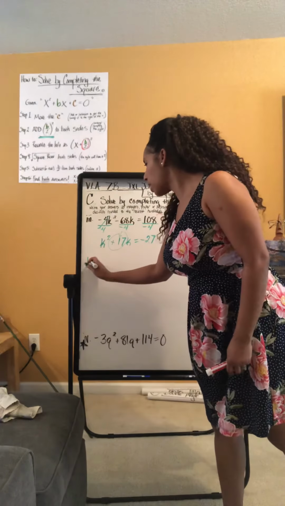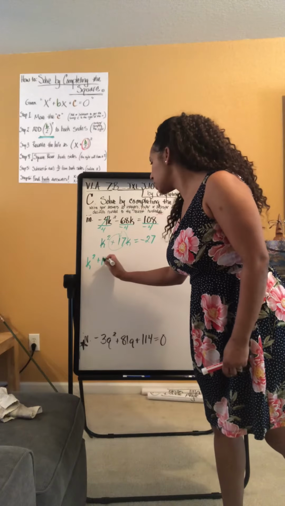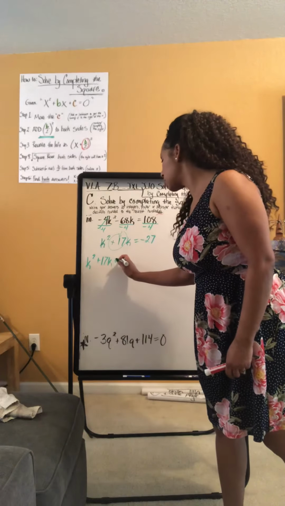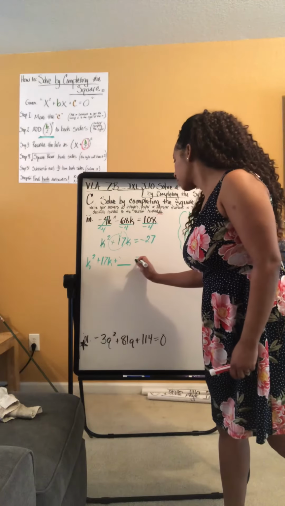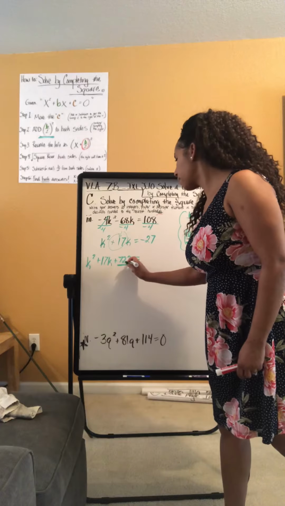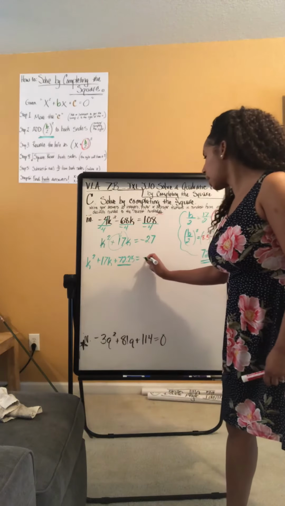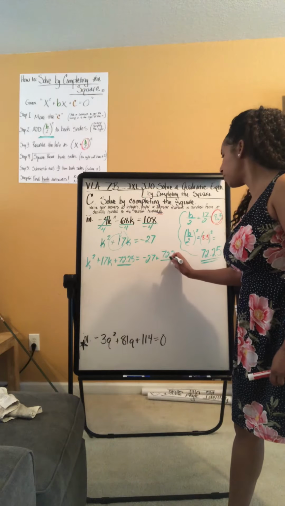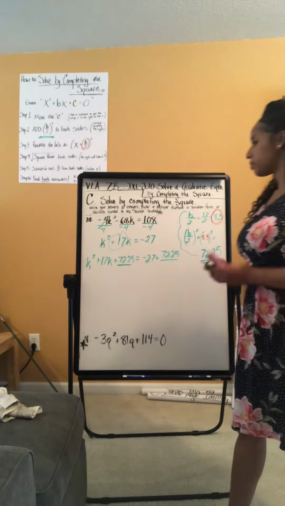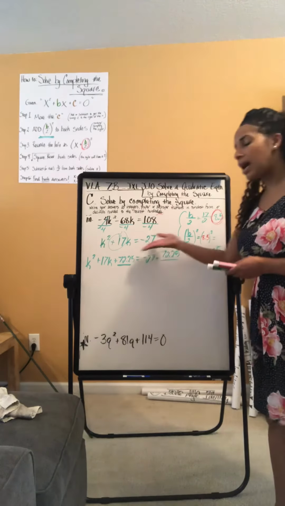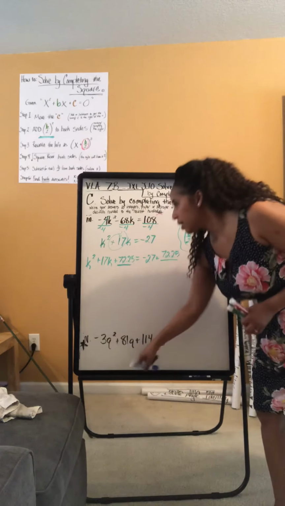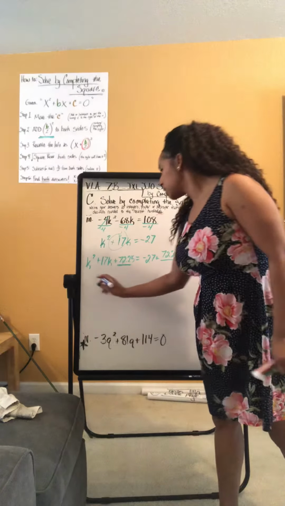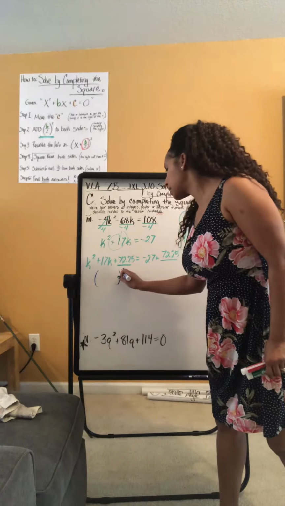So I will rewrite this k squared plus the 17k plus 72.25. And on the right hand side I had the -27, but I'm also going to add the 72.25, because whatever I do to one side, I have to do to the other. Then I'm going to rewrite this as a binomial.